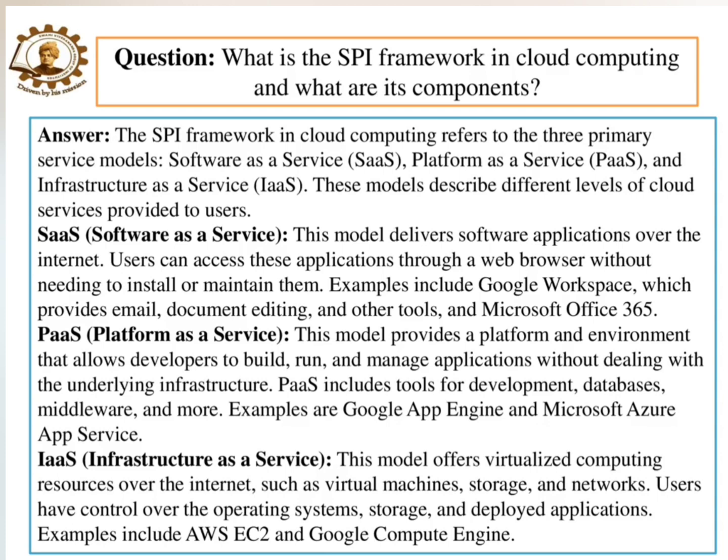If we consider an example, suppose a company wants to create a new e-commerce website. They could use a software as a service platform like Shopify to avoid the hassle of building and maintaining the infrastructure. Now, let's take an example of SPI model.